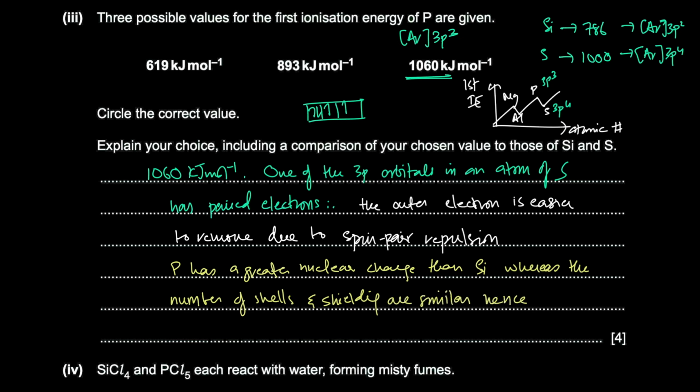Hence, the valence electrons in phosphorus experience a stronger nuclear attraction. The valence electrons in phosphorus experience a stronger nuclear attraction.